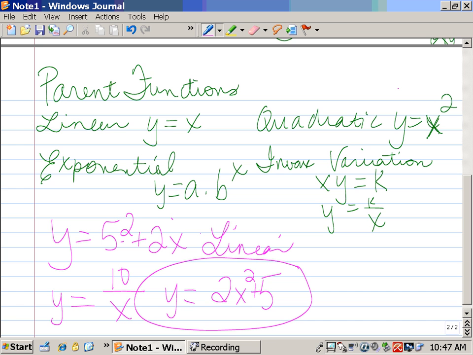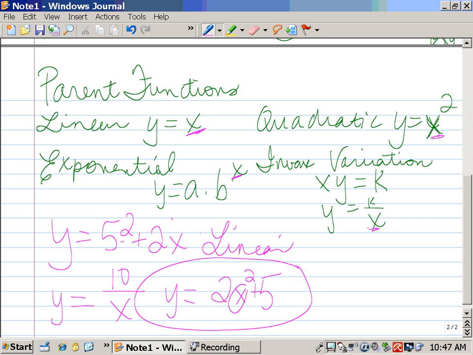Okay, so here's my question. What determines which parent function it is? The x. Is it the position of the x? Wherever the x is depends on where it is. But here's the thing. If it has a square, does that mean it is quadratic? No. What has to be squared? The x.